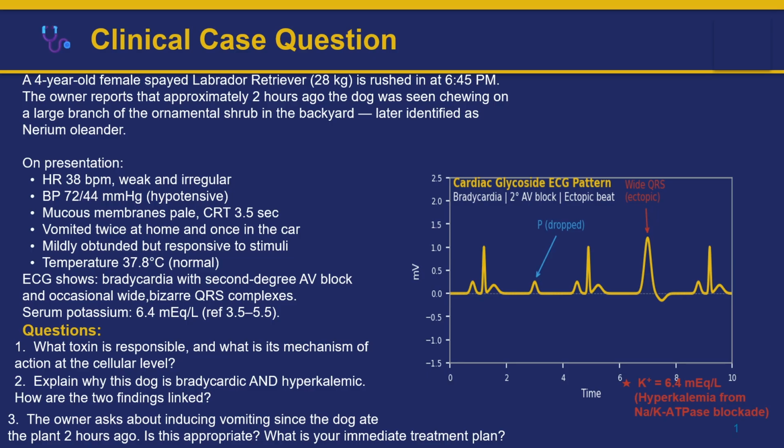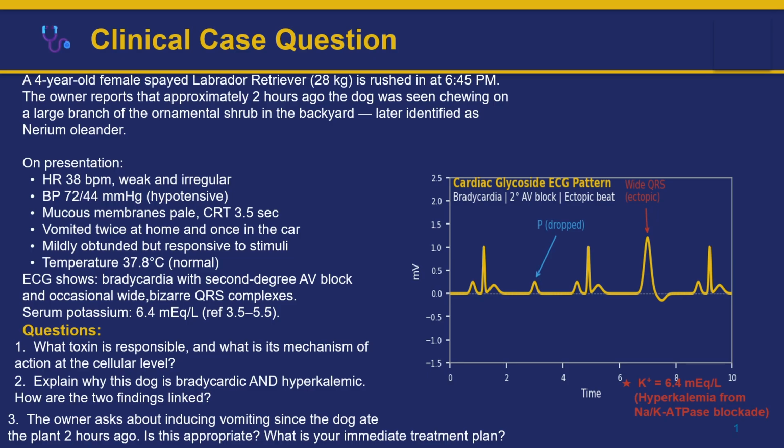After securing the airway, if clinical status permits, cardiac glycosides have some enterohepatic recirculation. Repeat doses of charcoal may reduce ongoing absorption. 9. Serial ECG, electrolytes, and clinical monitoring every 30 to 60 minutes. Prognosis depends heavily on how quickly FAB fragments can be obtained and administered.